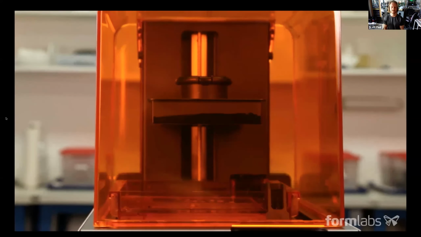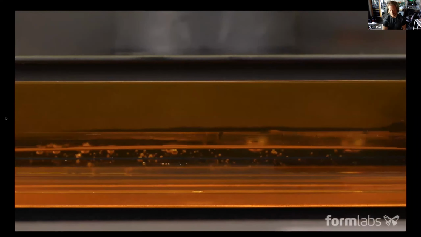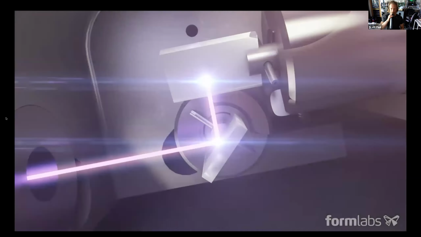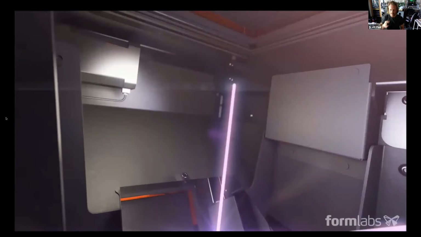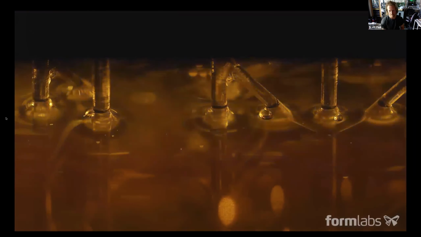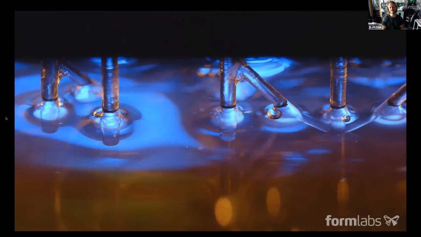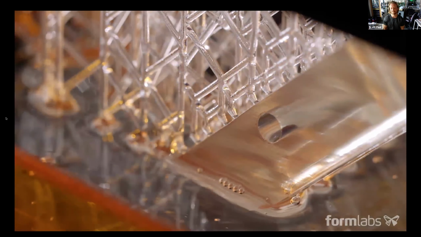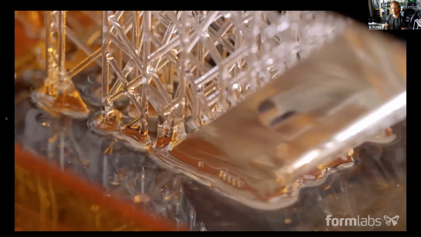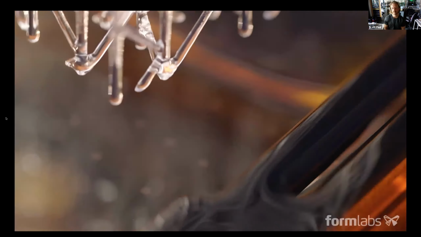At the beginning of the print, a build platform is lowered into the resin, leaving only a thin layer of liquid in between the platform and the bottom of the tank. Galvanometers direct the UV laser through a transparent window at the bottom of the resin tank, drawing a cross-section of the 3D model and selectively hardening the material. The print is built in consecutive layers, each less than 100 microns thick. When a layer is complete, the part is peeled from the bottom of the tank, letting fresh resin flow beneath, and the platform is lowered once again.